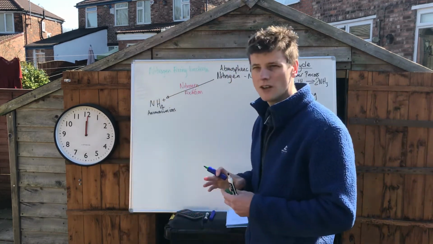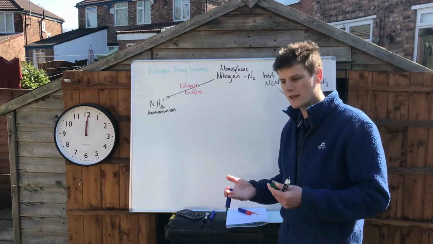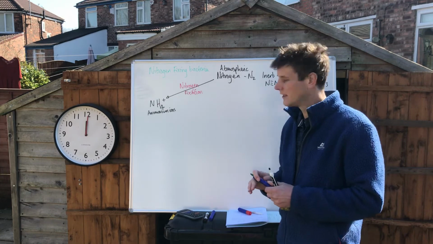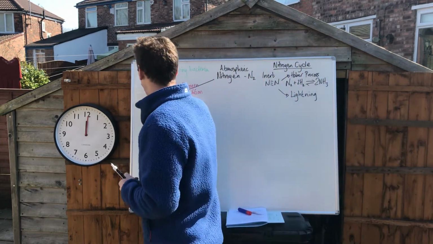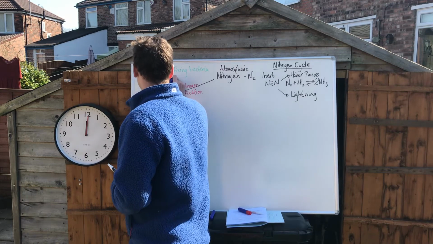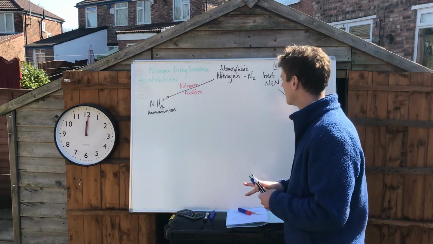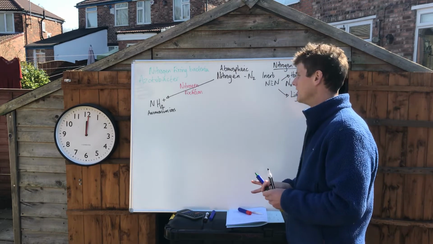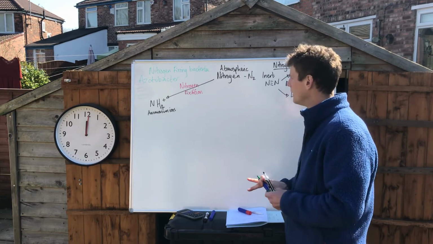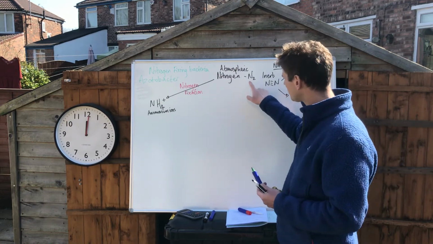Okay, and the two nitrogen fixing bacteria, well, the most common one is free in the soil. It exists in the soil, and it is called Azotobacter. An Azotobacter is an aerobic bacteria.